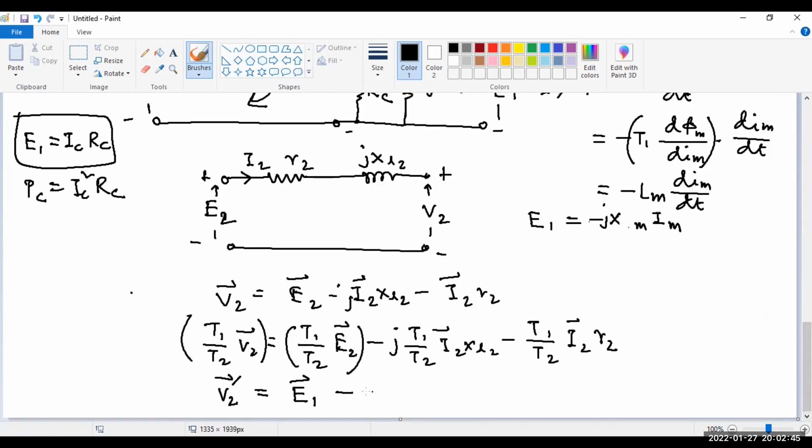So already there was a T1 by T2, but if we substitute I2 in terms of I1, another T1 by T2 will come. Yes, sir. Am I right? Yes, sir. Remember, I don't know what you mean by referring, but I can do all these things mathematically.